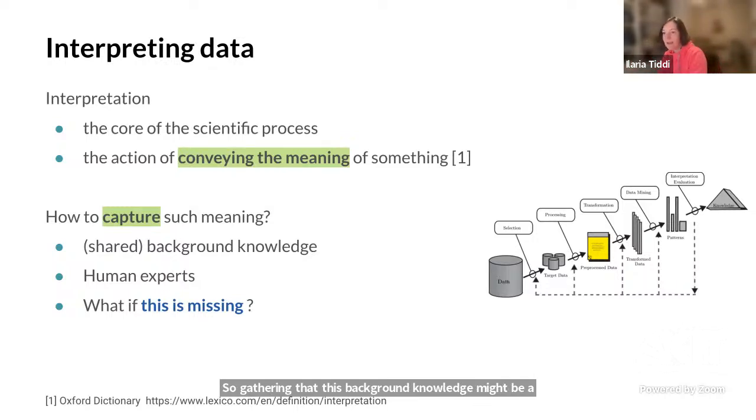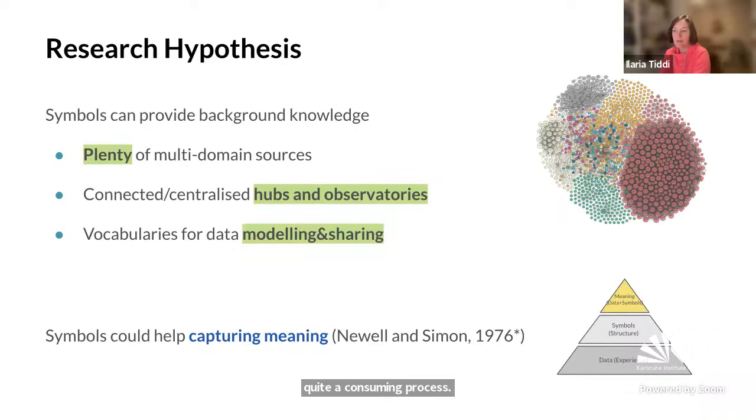In this case, when this information is missing, the hypothesis that we put forward was that symbolic AI, so symbols or knowledge graphs or linked open data, as we used to call them at that time, are another source of background knowledge.